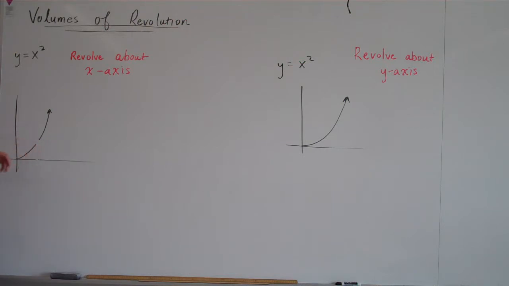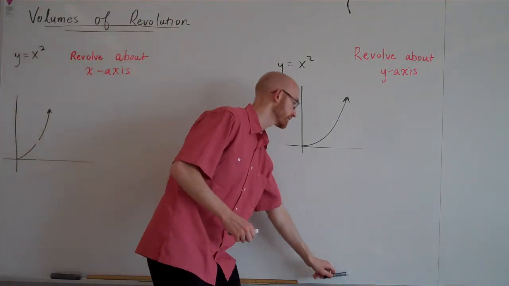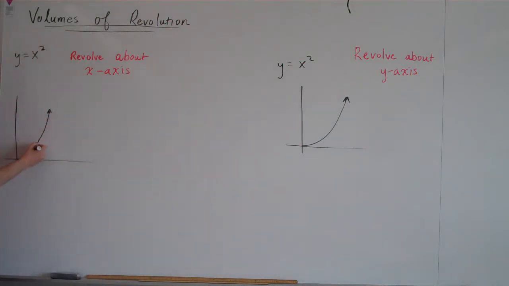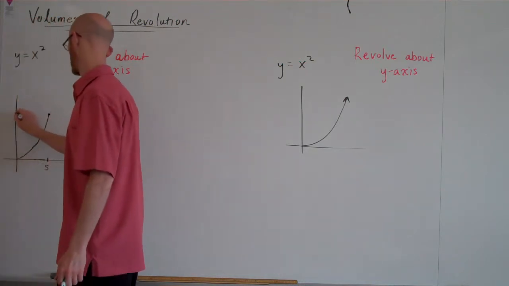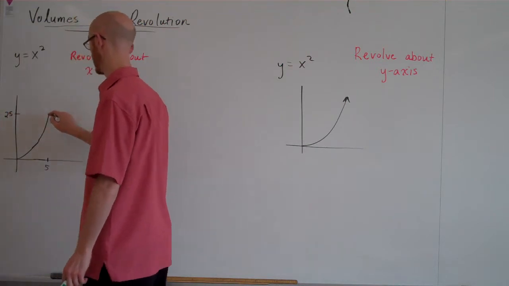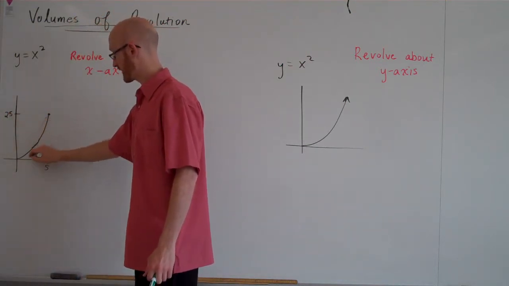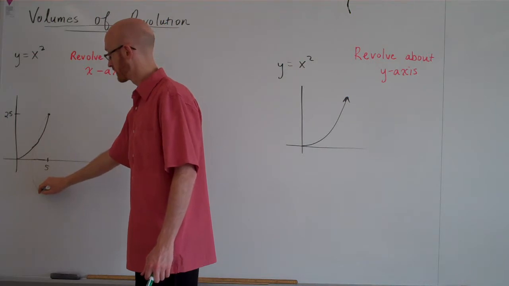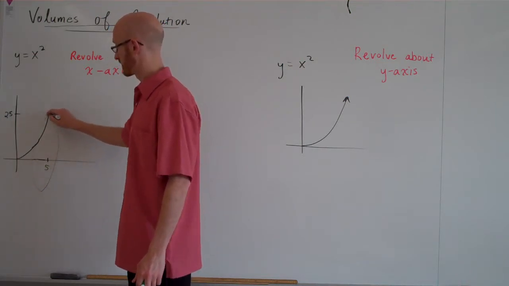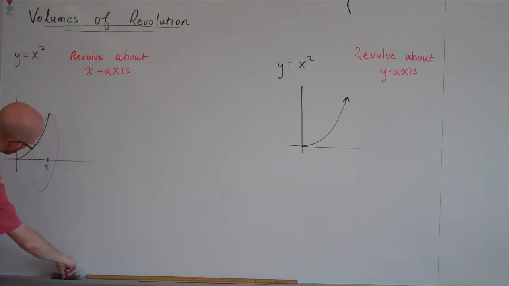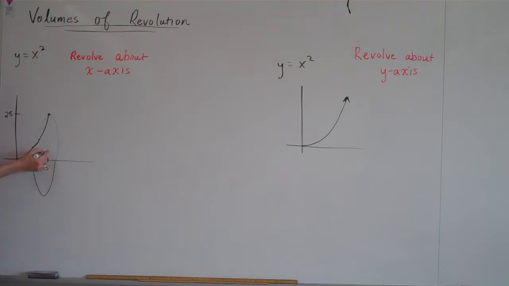So let me be a little bit more specific with my picture. Let's say that we're going to go up to an x value of, I don't know, 5. So we take our value here, which of course is 25, and then we revolve that thing about, my picture's not very sweet there, but revolve it about the x-axis so that it makes a circle.